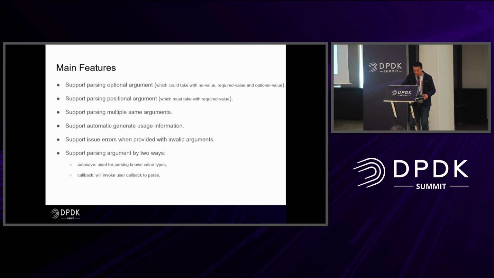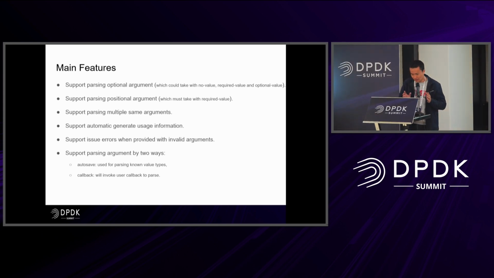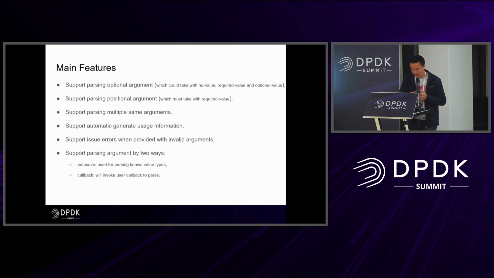For the main features, we could think of it as sitting in the middle between getopt and Python's argparse library. It supports parsing optional arguments, which could take no value, a required value, or an optional value.